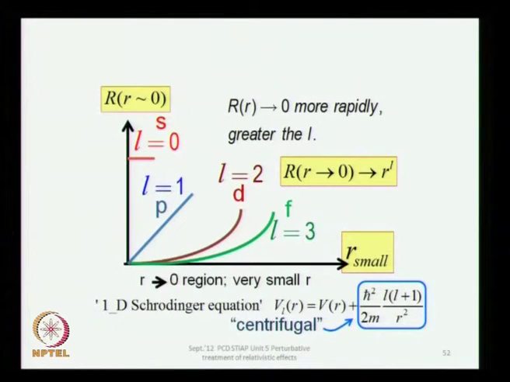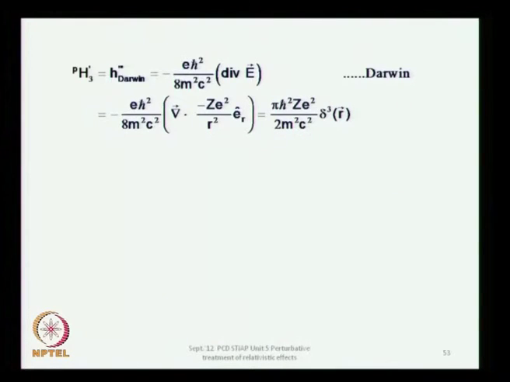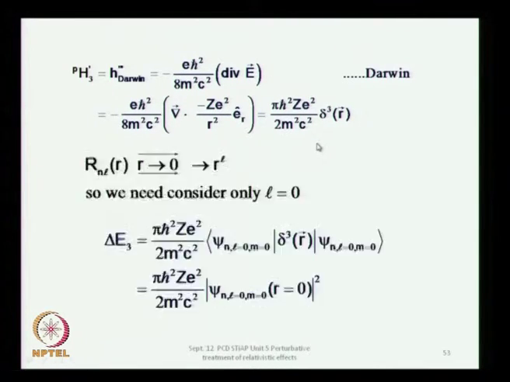That is the one which has got L equal to 0, because L equal to 0 is the only one which will have a finite amplitude at r equal to 0, and then you get the expectation value of this operator, which is the perturbation Hamiltonian, in the L equal to 0 states. So, only the L equal to 0 states need to be considered. So, for L equal to 0 you only have m equal to 0.